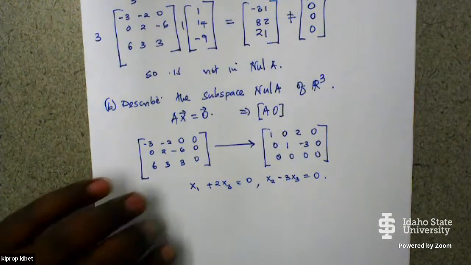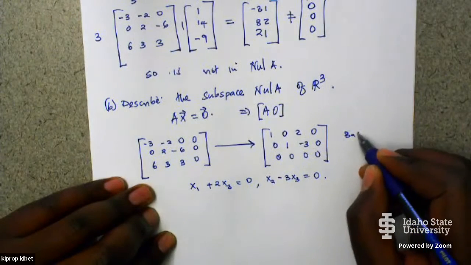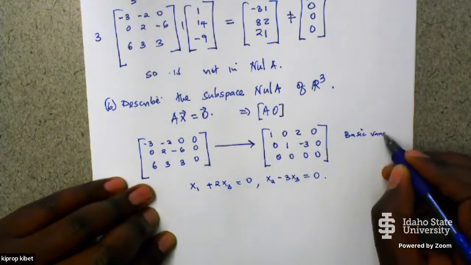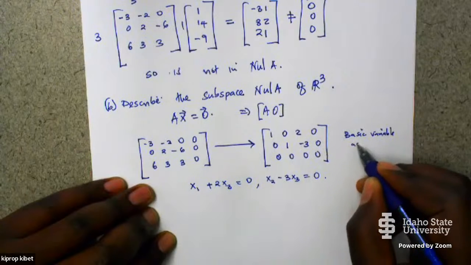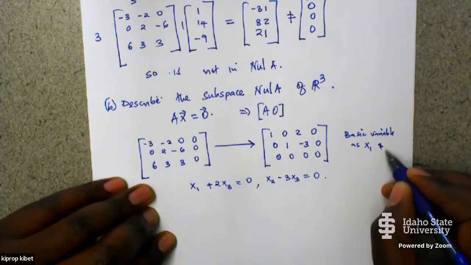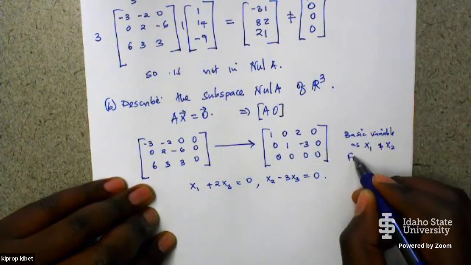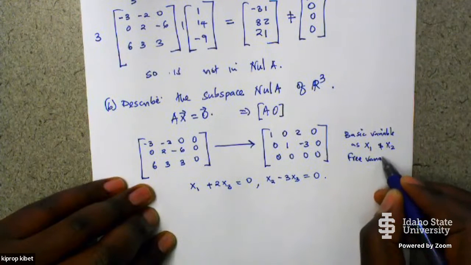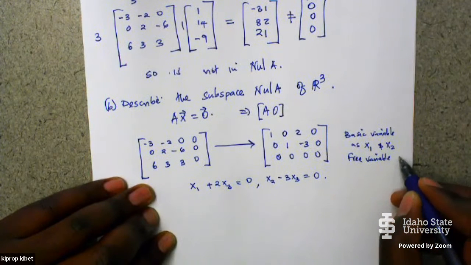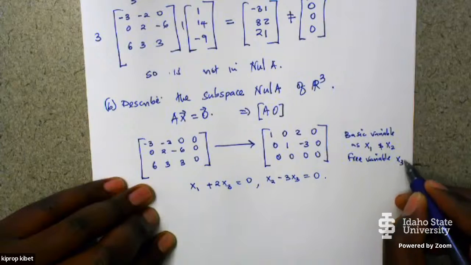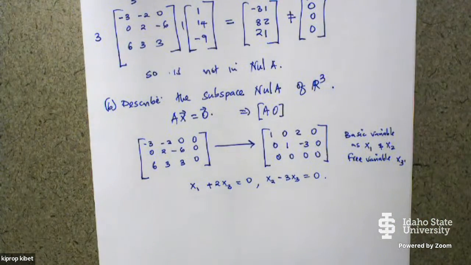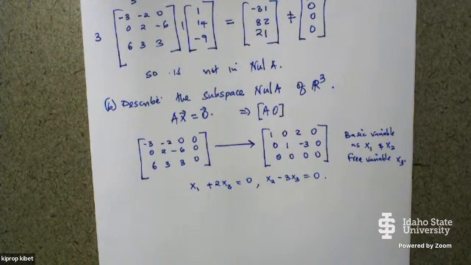So basically, we have our basic variables as x1 and x2, and our free variable as x3.